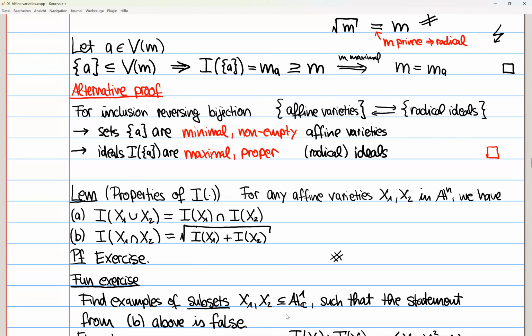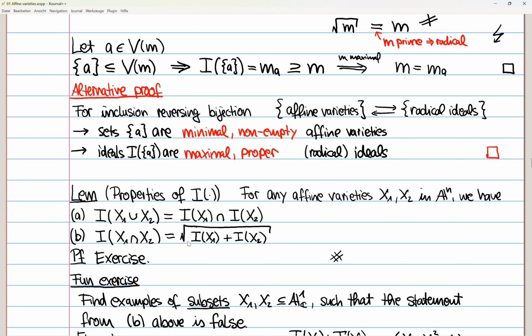And you can try to find a counterexample by just taking n equals 1, and for simplicity you can work over the ground field k equals the complex numbers. So you can try to see if you can find examples of subsets such that this statement here is false.